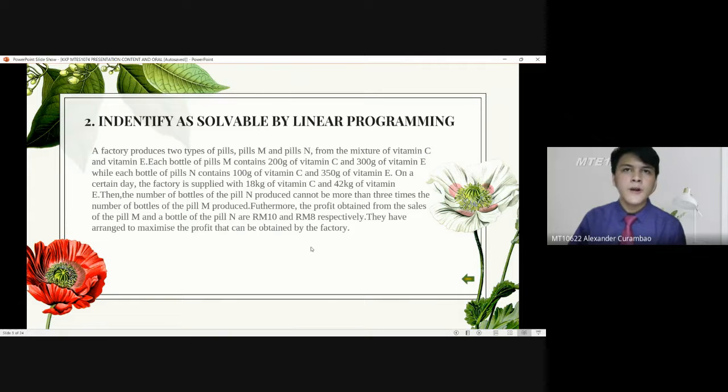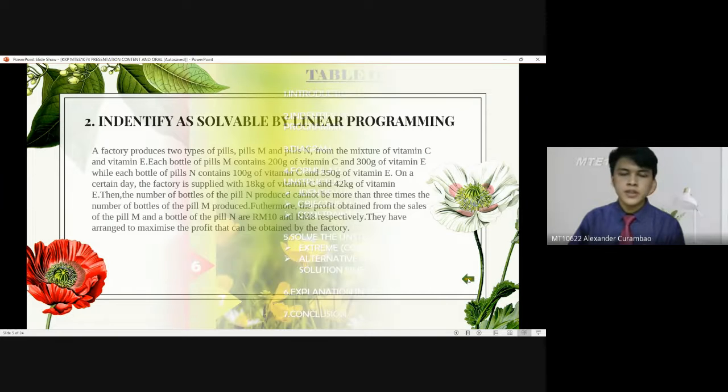They need to determine how many products they can produce so that the products can be sold to maximize the profits. Basically, the more products that are produced, the more profit that can be obtained by the factory. Okay, so we finished the second one.